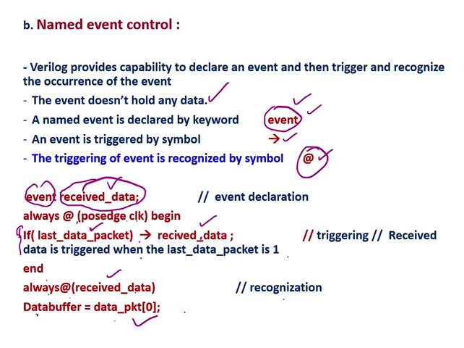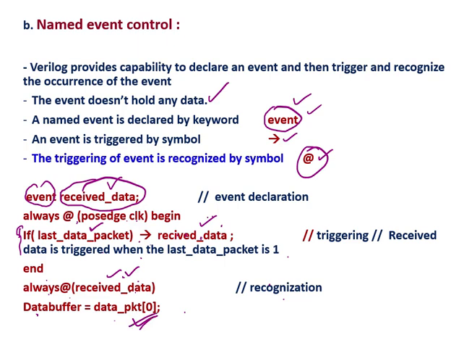So first we are triggering the data. Once it is triggered, then we are recognizing whether we received it or not. If the event has occurred, if we received data, then what are we doing?